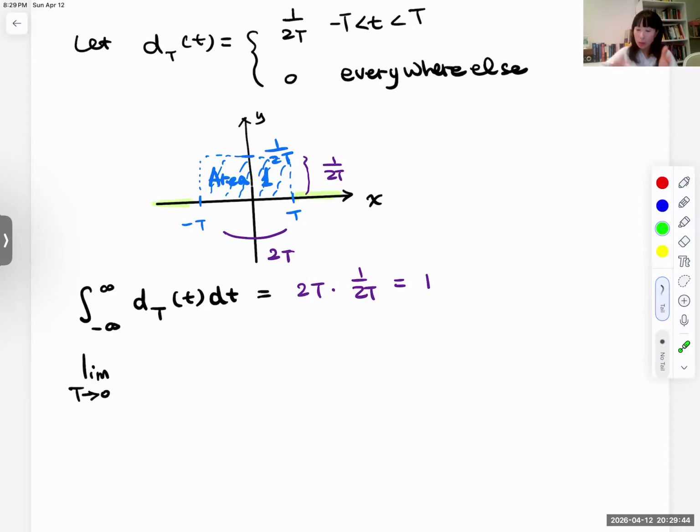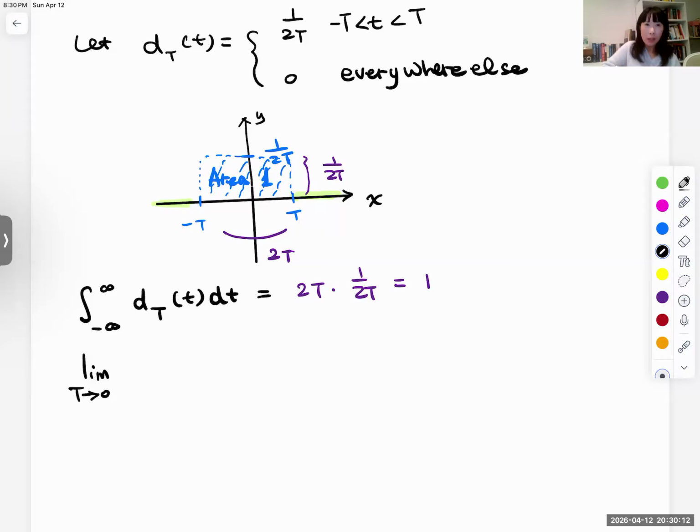Let's make it narrower still, and again the area is equal to 1. So eventually, even though it is tiny and tall, the area is still 1. Make sense?